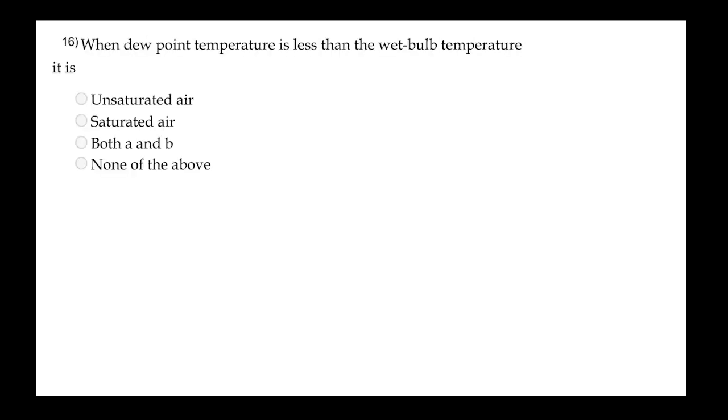Moving forward to the next question, when dew point temperature is less than wet bulb temperature, then air is said to be, obviously, unsaturated, because dew point temperature represents the point where, if you still try to add water to air, it will start forming water droplets.